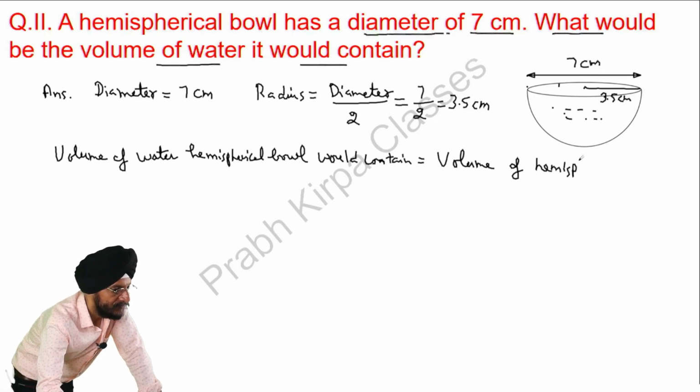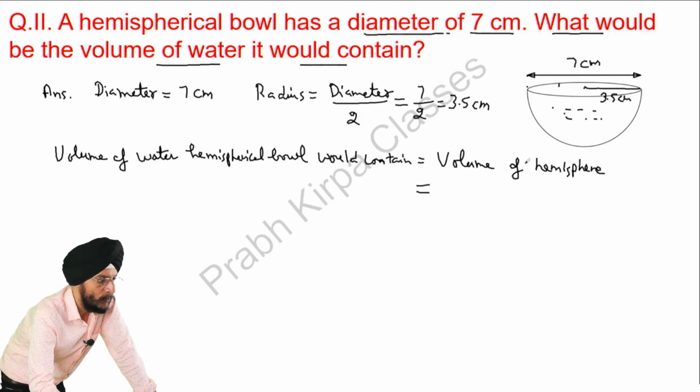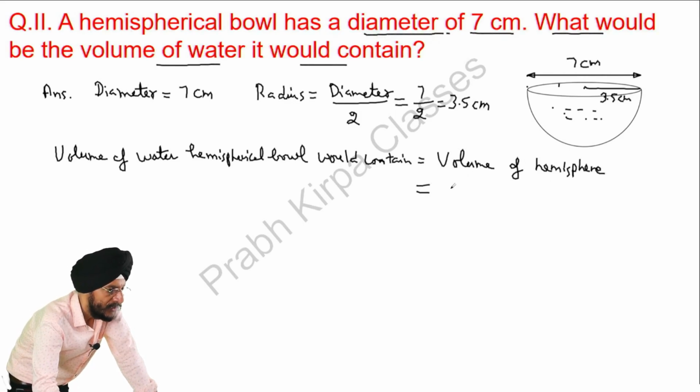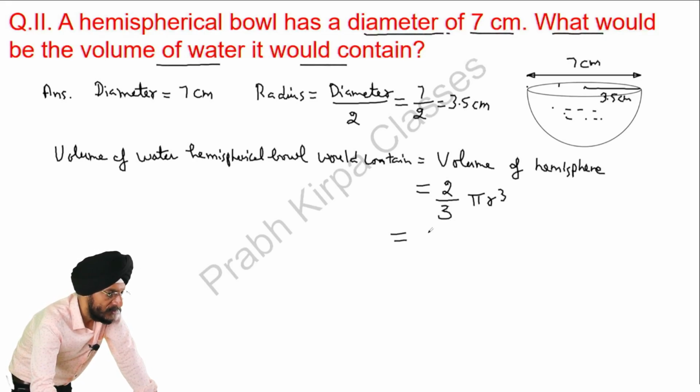hemisphere or hemispherical bowl. Now what is the formula to calculate the volume of a hemisphere? It is 2/3 pi r cube. So we will fill in the relevant values. 2/3, what is the value of pi?